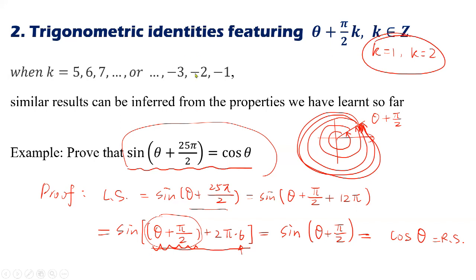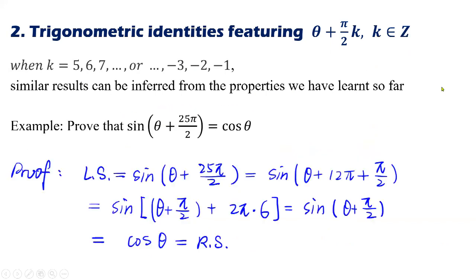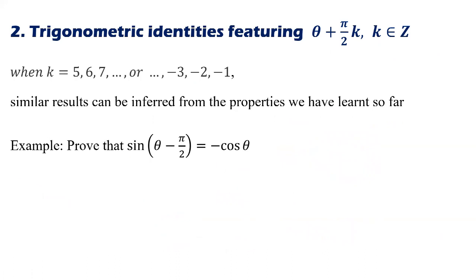The other cases can be easily inferred from the properties we have learned. Okay, another example: prove that theta minus half pi equals minus cosine theta. This means k is -1, right? I'll give you 2 minutes to think about this.